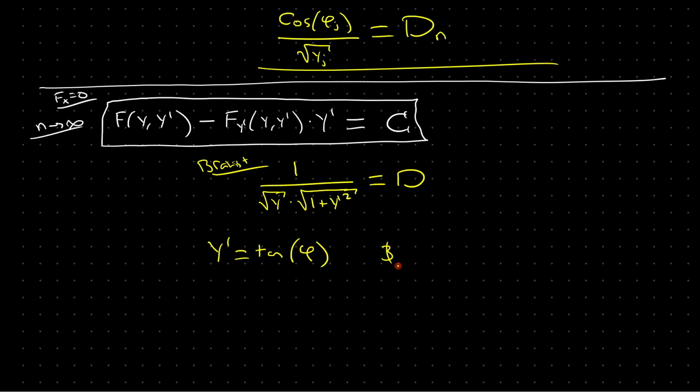Specifically, this means that 1 over the square root of 1 plus y prime squared is going to be cosine of this angle phi. So cosine of phi is equal to 1 over the square root of 1 plus y prime squared. This can also be written as cosine of phi over the square root of y.